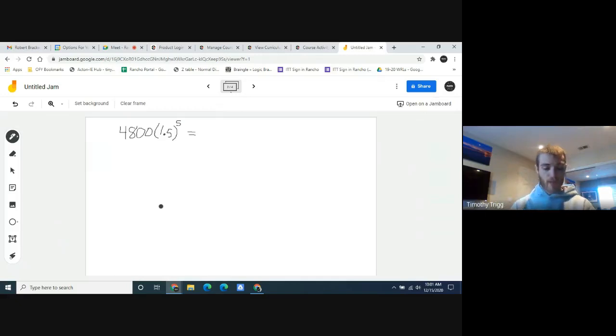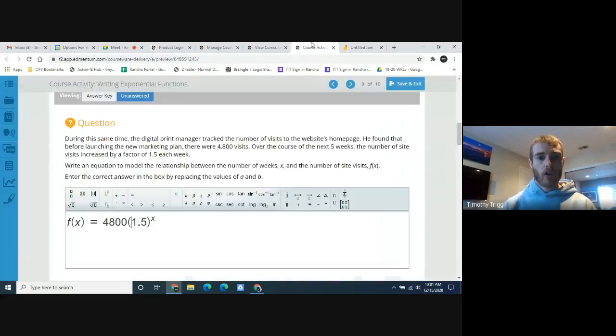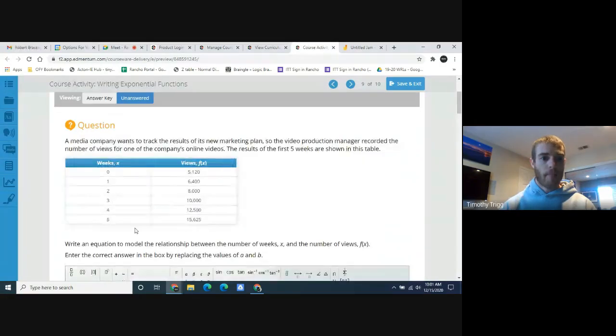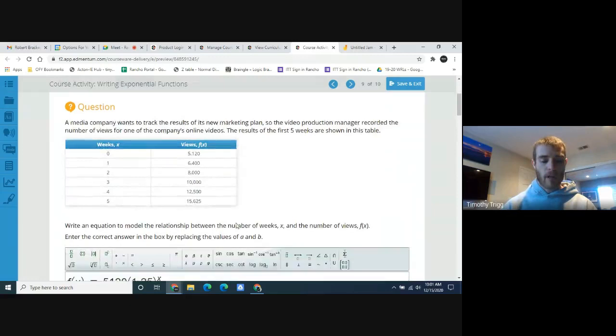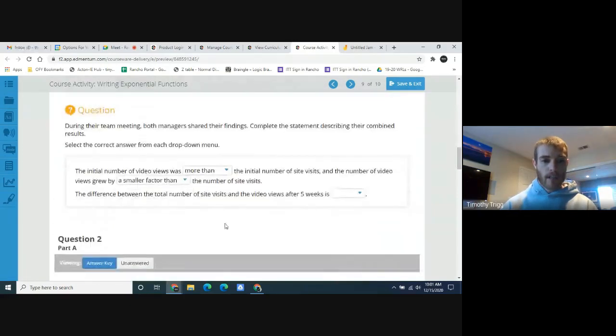Exponents before multiplying. So 1.5 to the power of 5 times 4,800, 36,450. So the number of site views was this, which is much larger than the number of video views in 5 weeks. So visiting the site was more.